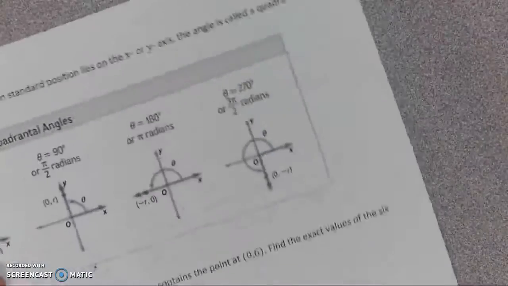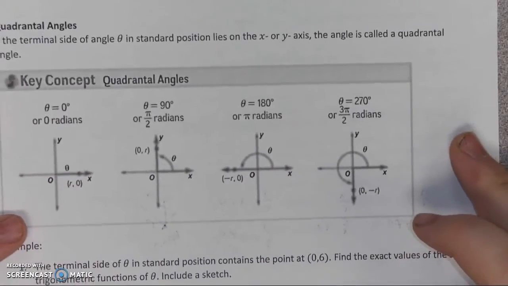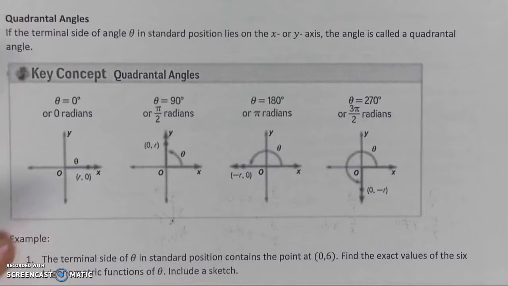So the next part is about quadrantal angles. It says if the terminal side of angle theta is in standard position and it lies on the x or the y axis, the angle is called a quadrantal angle.